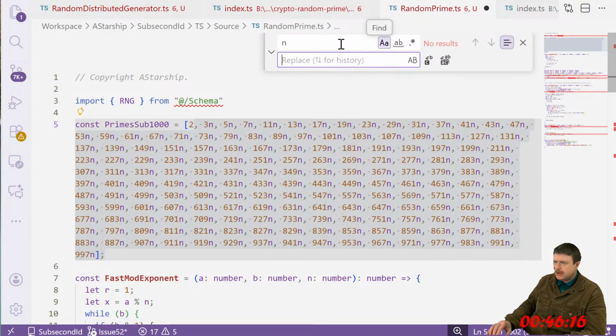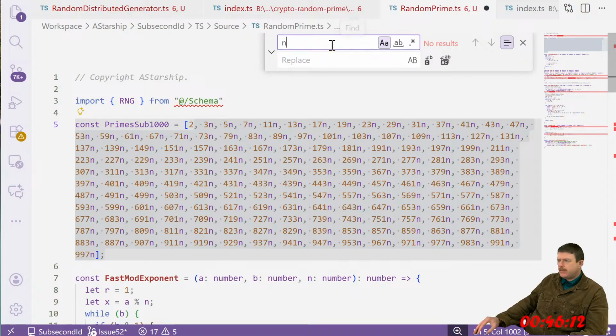Yellow. Yellow. Damn you. Results. Okay, so that shouldn't do it.